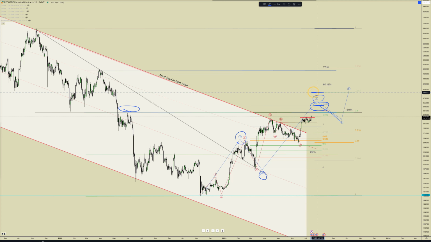It could be at that Fibonacci potentially. So that's 38k, and I'm going to tell you why that's significant. And then we get a wave 4, and then wave 5, and we're looking for the 61% level. So if it's really bullish, we'll probably get to the 75% level. So I'm thinking along those lines with the Elliott wave count.